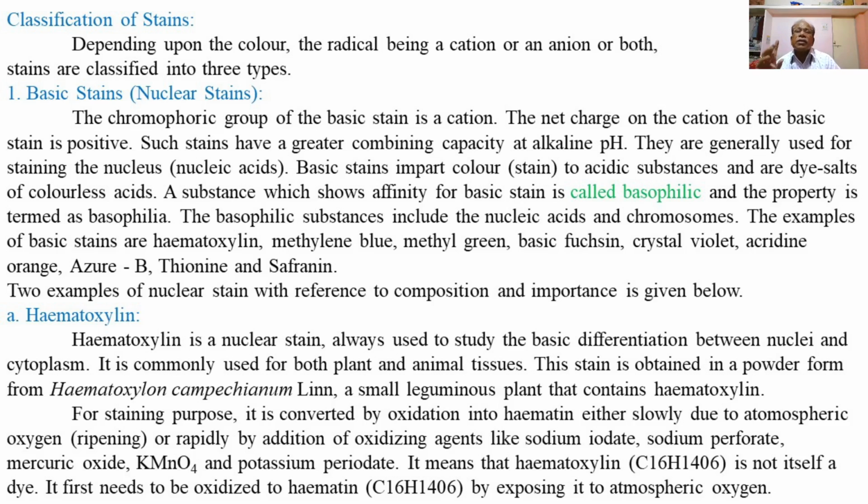So basic stains give their color to the acidic substances having a negative charge. The tissue materials or substances having a negative charge and the basic stains having a positive charge will give the particular color to the acidic substances.